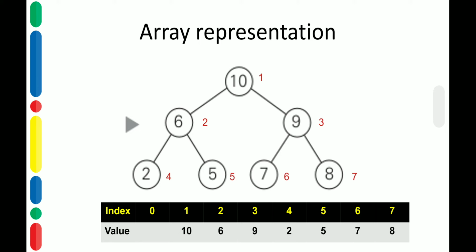So we start inserting from top to bottom and then left to right. We insert 10, and you can see the array representation shown below the diagram. 10 is stored at index 1, then we have 6 and 9. We move to the next level and move from left to right. So 6 is stored next, then 9, 2, 5, 7, 8.